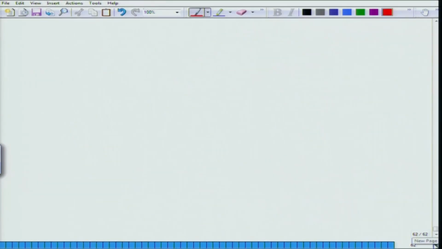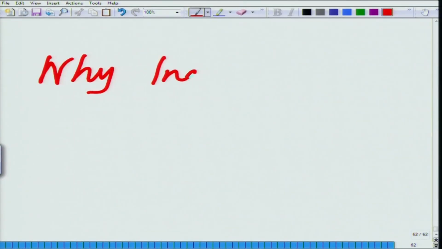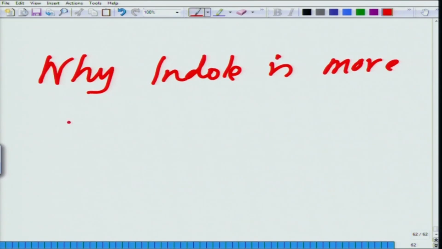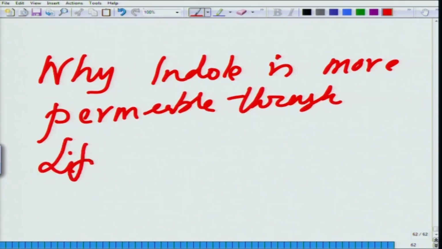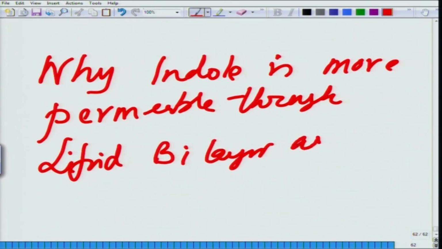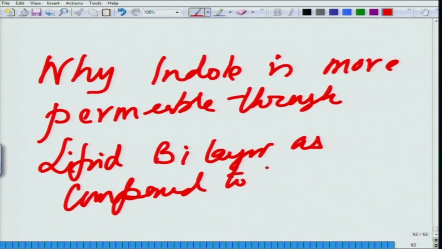So, in other words, the question is why is indole more permeable through the lipid bilayer as compared to tryptophan.